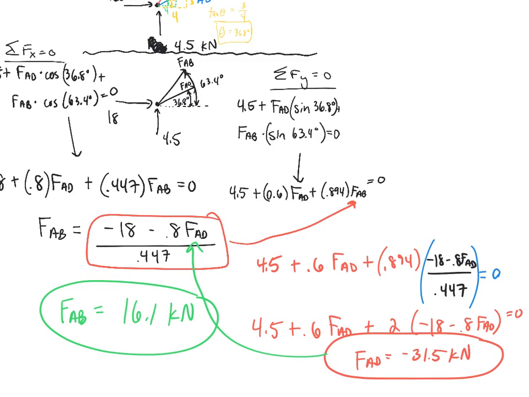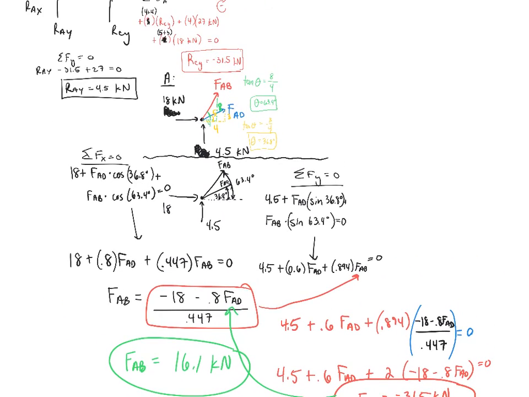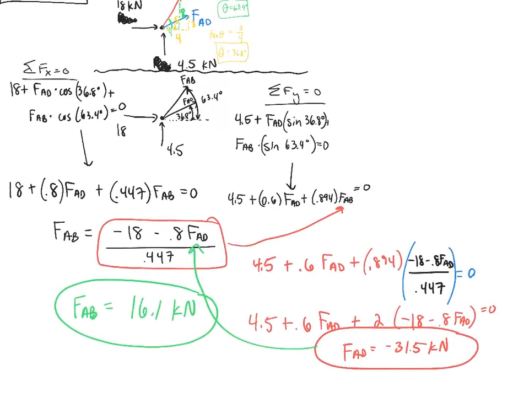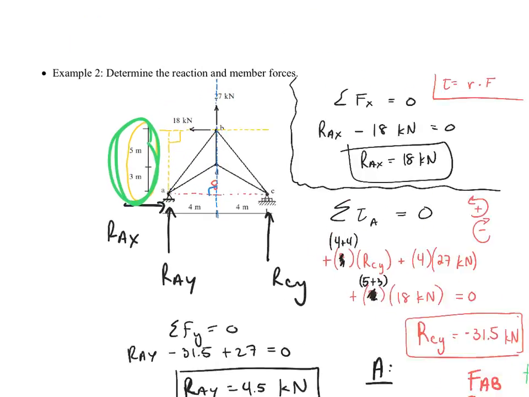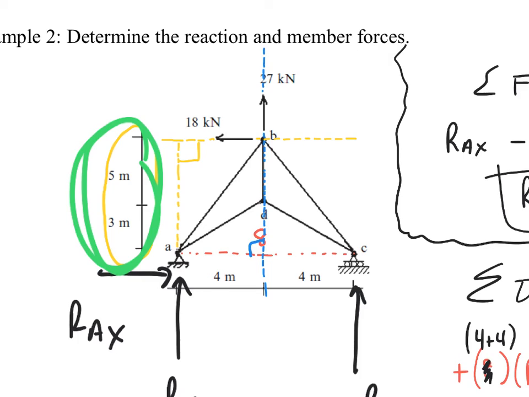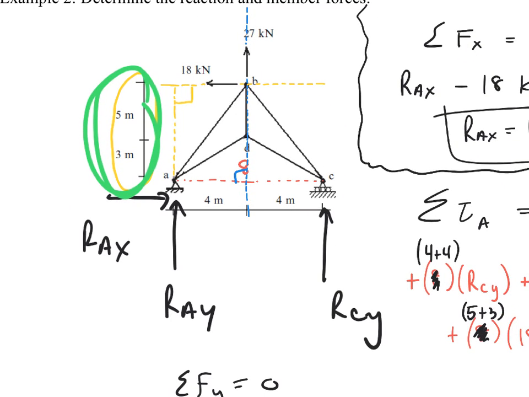We only have about 2 or 3 minutes left, so I want to point out where you would go next with this. Let's go back up to the original. Let's check off what we've done. We got RAX, RAY, and RCY. Those are done. These three unknowns were the starting points.